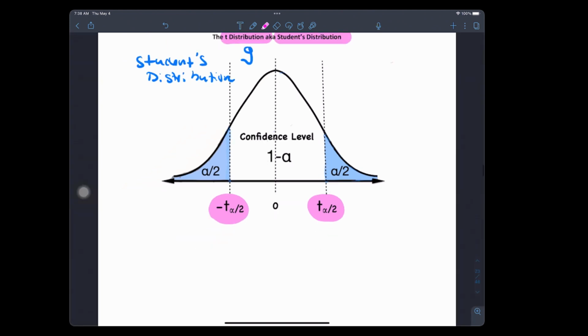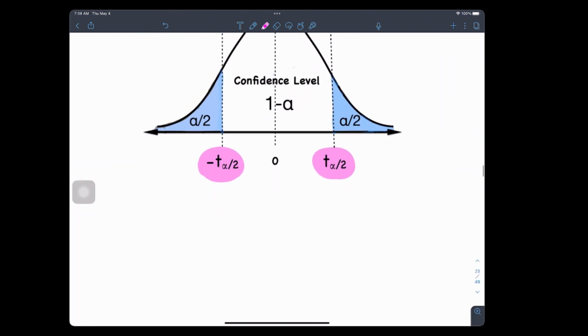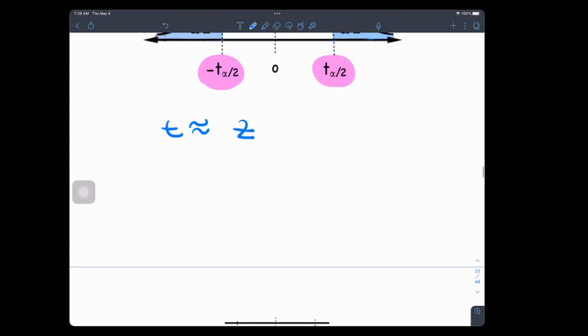So t approximates z. This is how I remember: t approximates z when you have small samples under 30, or in the real situation where the population standard deviation is not known.